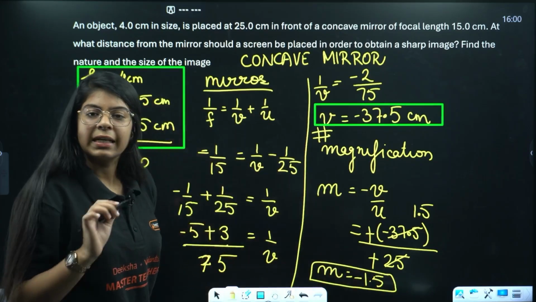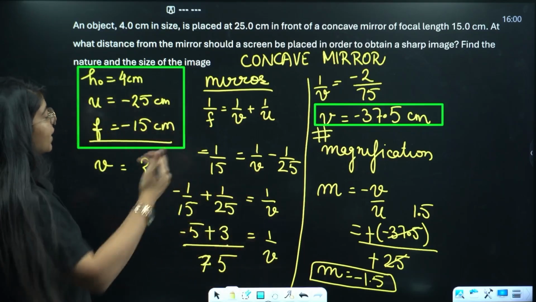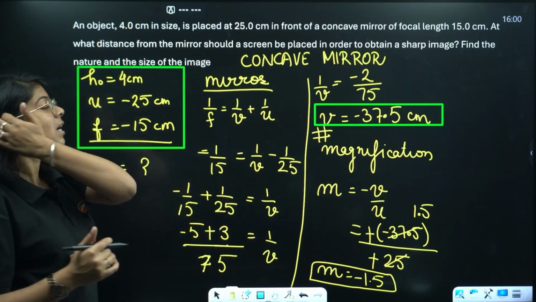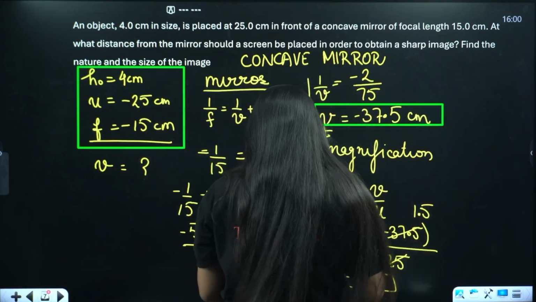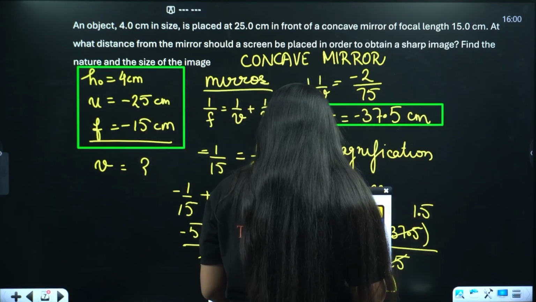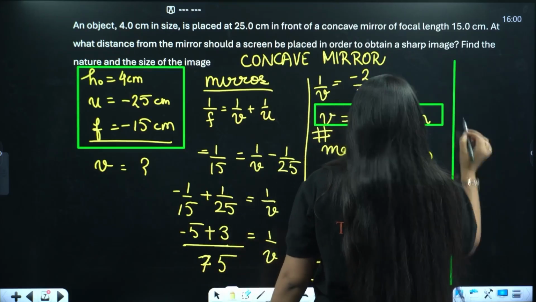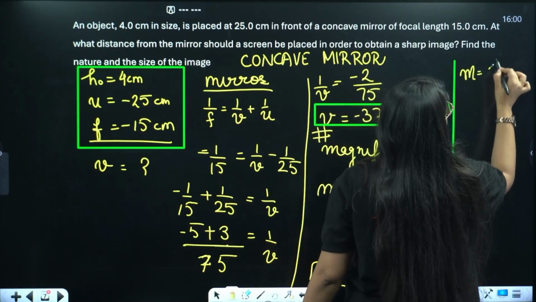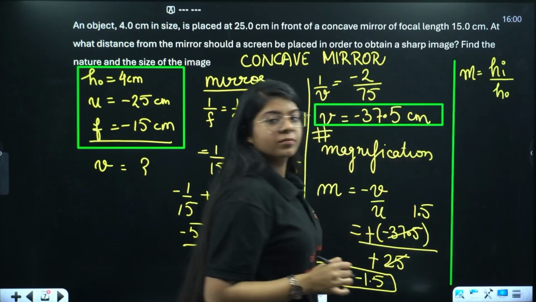Understood? Clear? Easy. Now magnification comes out to be minus 1.5 and we are given the size of the object. Again, there is one more formula of magnification, right? One more formula of the magnification is height of image divided by height of object. Correct?